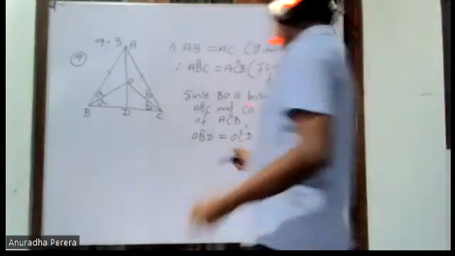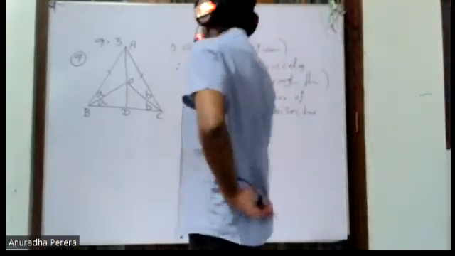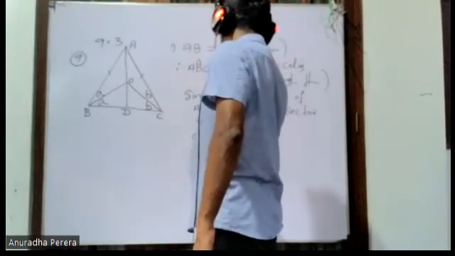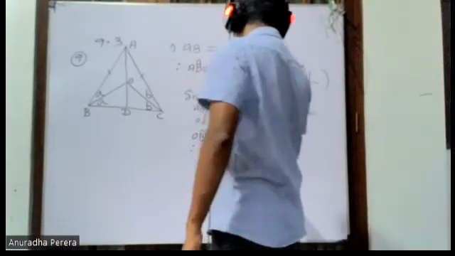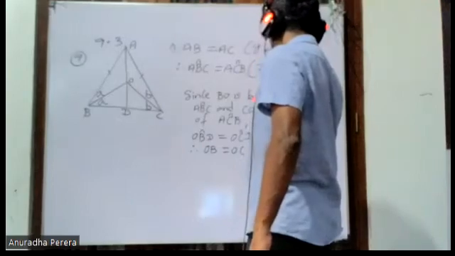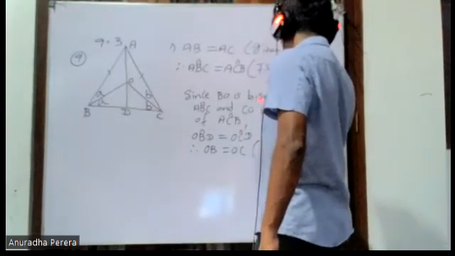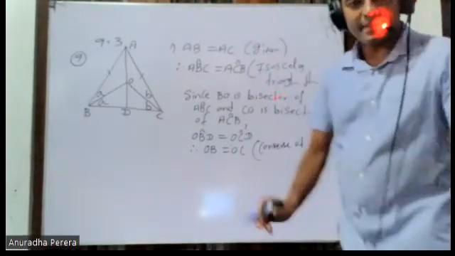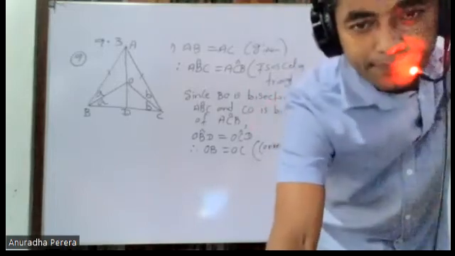Right? Therefore, OB equals OC, by the converse of the isosceles triangles theorem.